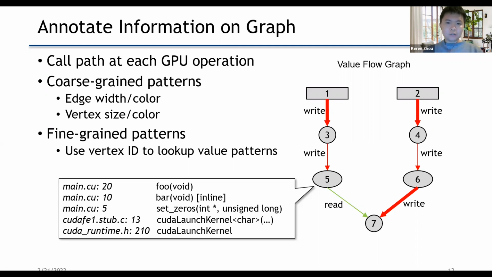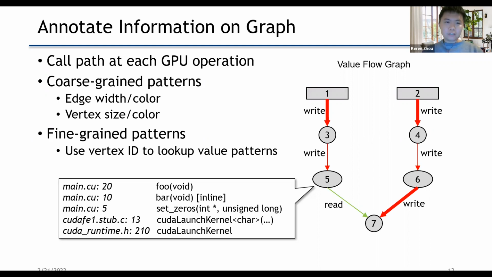We also annotate edge and vertex to reflect coarse-grained value patterns. We annotate edge width to reflect how many bytes have been written or read on each edge. We also annotate edge colors to reflect the redundancy ratio. Red colors often means significant redundancy ratio.